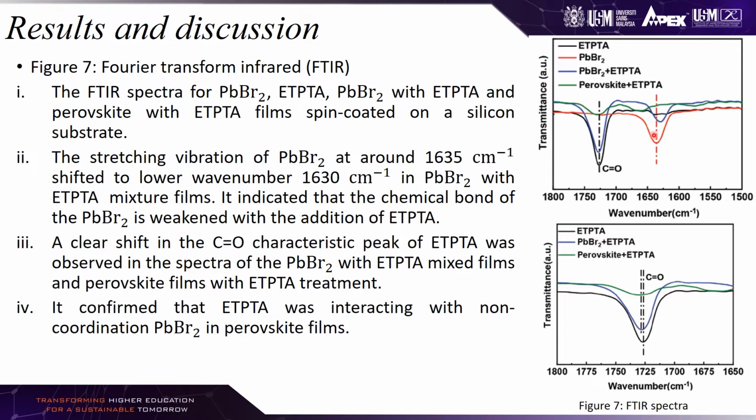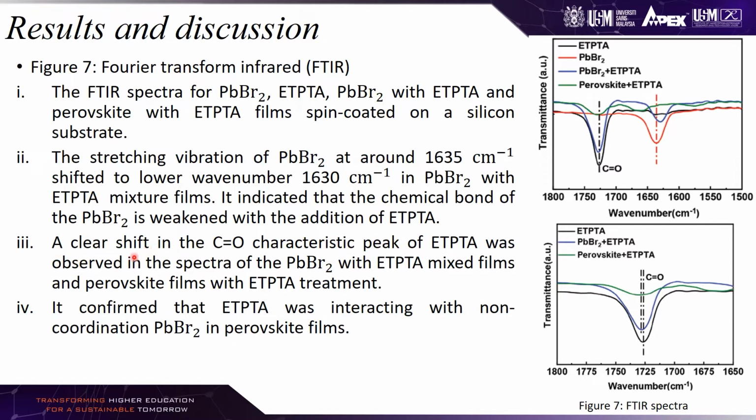Here you can see the vibration for PbBr2, in brown color, shifted to the PbBr2 with ETPTA, which is the blue line here. So they shifted. It indicates that the chemical bond of PbBr2 is weakened with the addition of ETPTA.